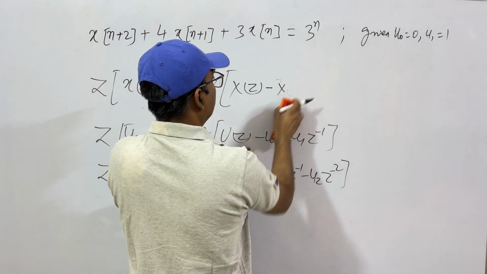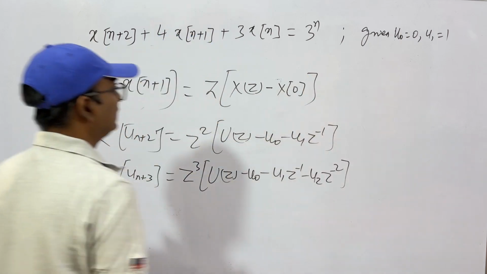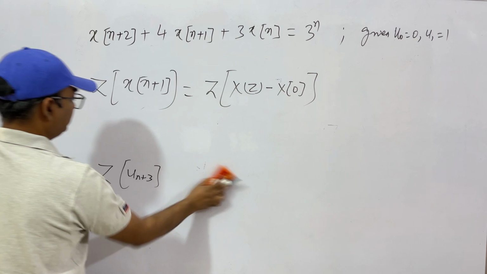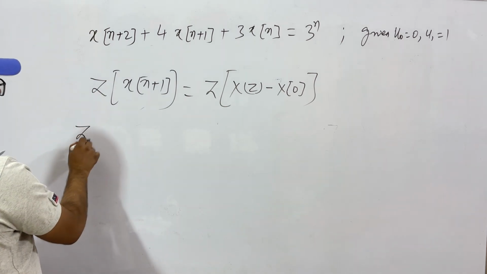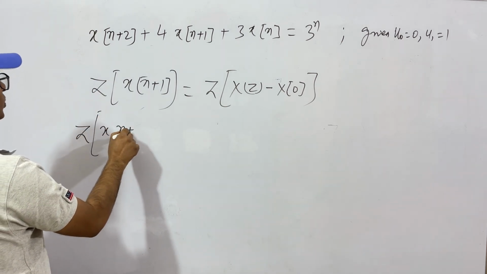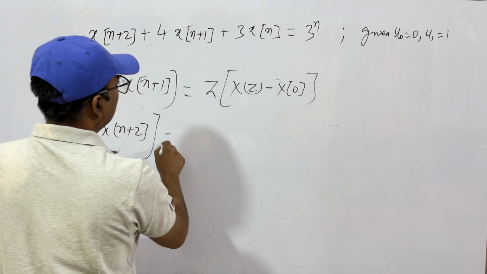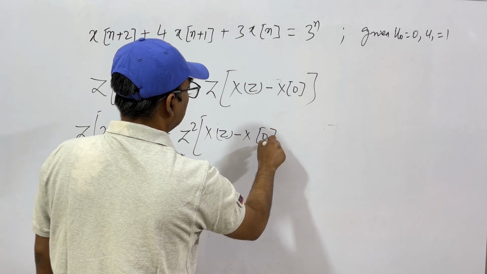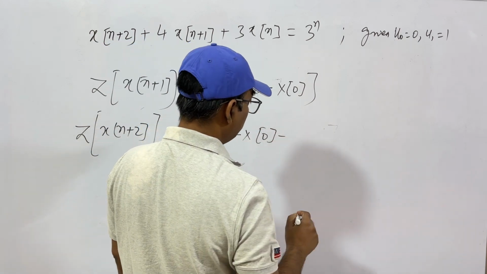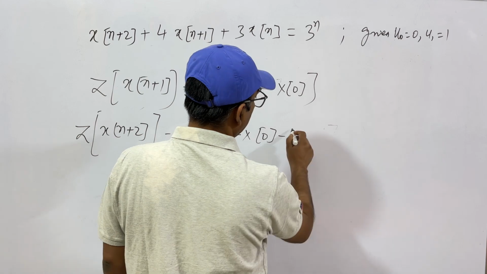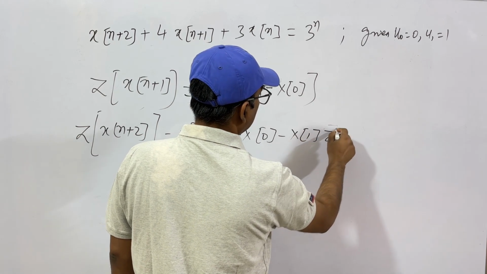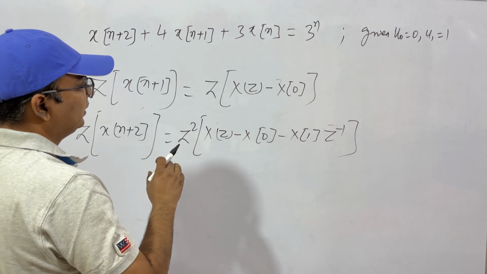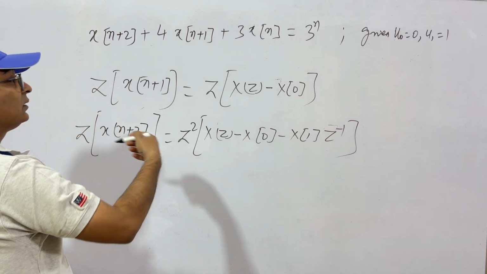Same thing, z transform of x(n+2) is z square X(z) minus x(0) z minus x(1). Why am I telling you this? Because you'll get confused if you do not use these frequently.